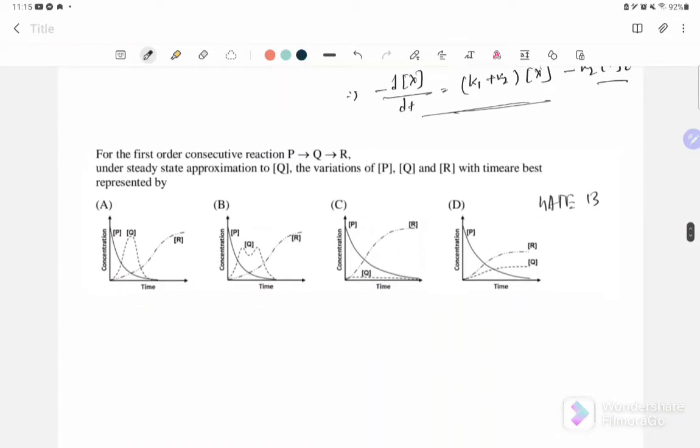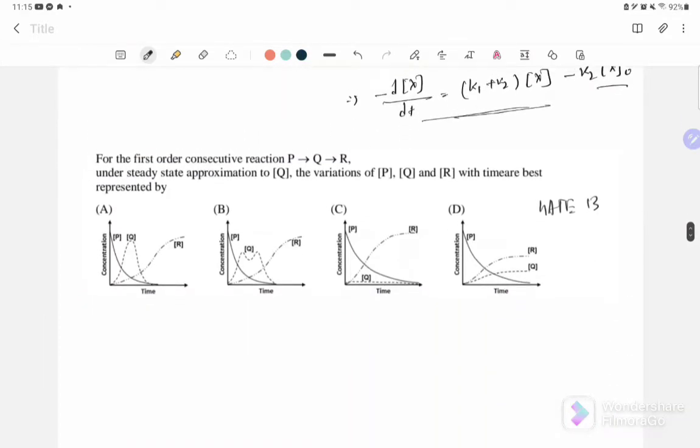So next question that came in GATE 13. What is the question? For the first order consecutive reaction P to Q to R, for steady state approximation of Q, the variation of P, Q, R concentration with time is best represented by which.